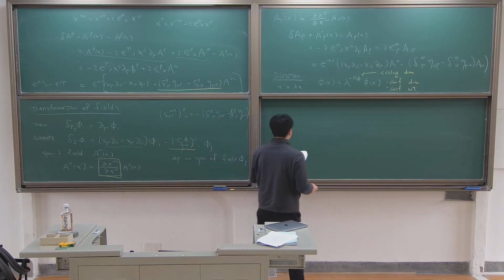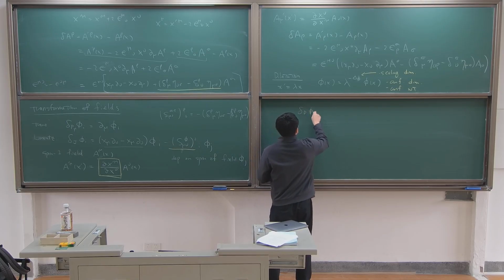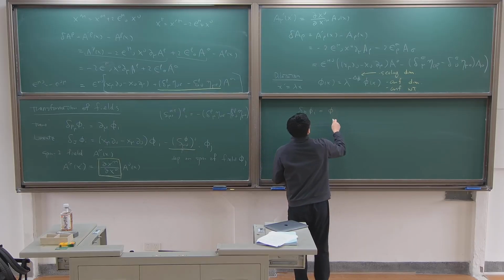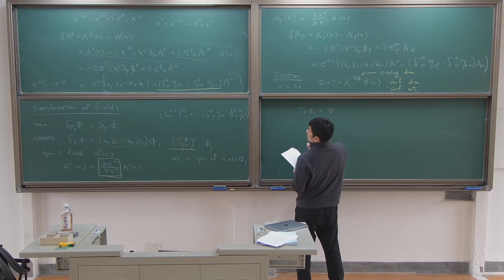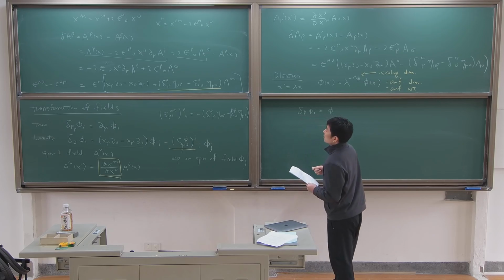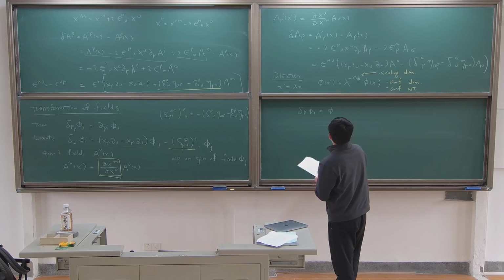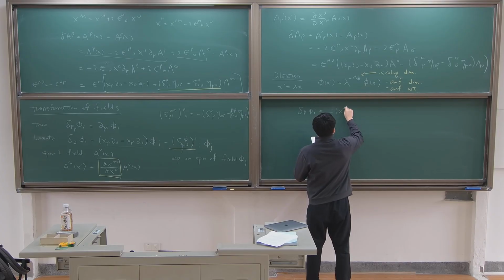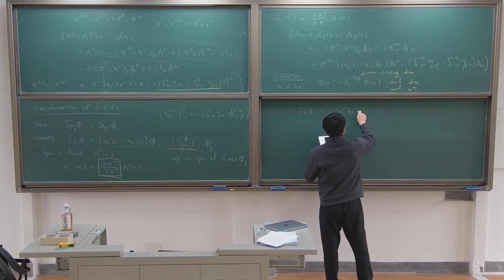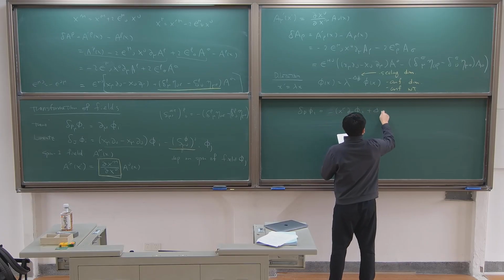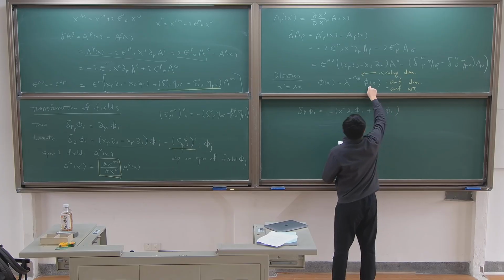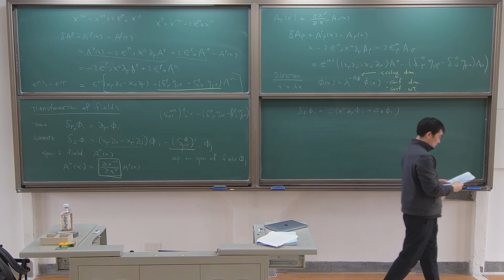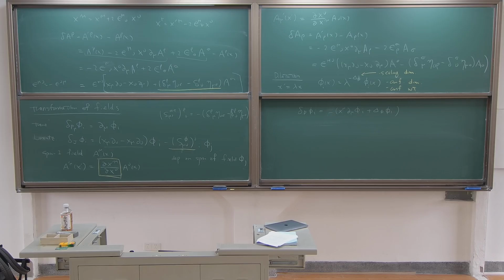Okay, and then under this transformation, we will get the transformation of phi I: minus x mu partial mu of phi I plus delta phi. So that's the transformation rule we get from this one.